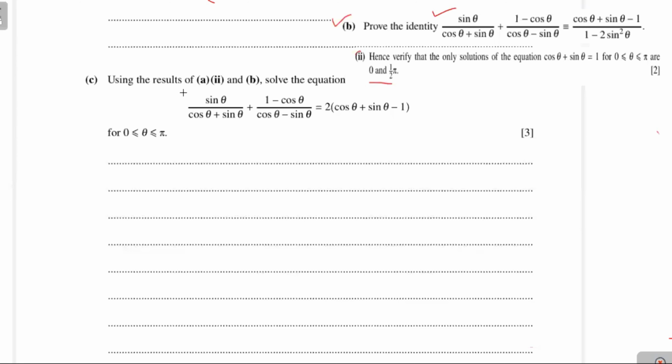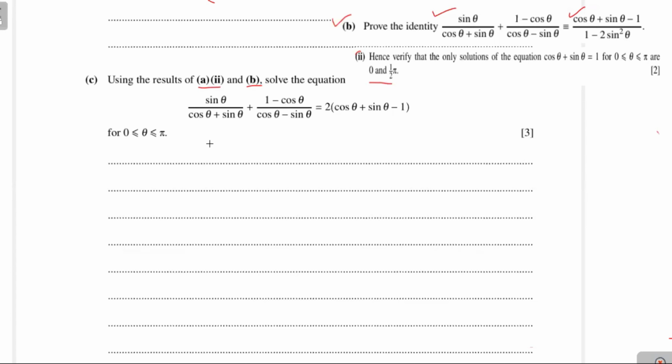Question number 7, part C, is using the result of part A and part B, solve the equation. In this equation, the left hand side you see here in the part B is equal to cos theta plus sin theta minus 1 over 1 minus 2 sine square theta.